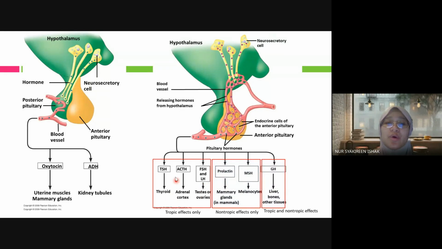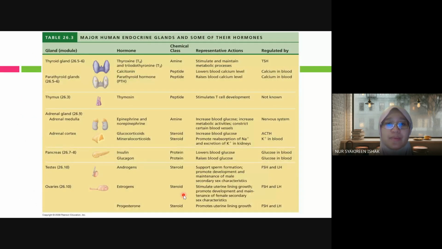Adrenocorticotropic hormone regulates cortisol, mineralocorticoids and one more. Corticoids are regulated by ACTH, produced by the anterior, which causes the adrenal cortex to release these two hormones.